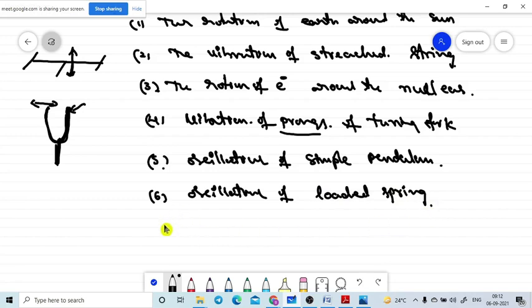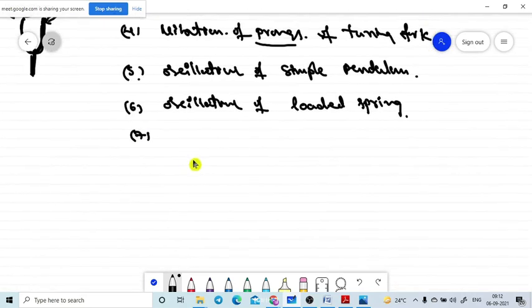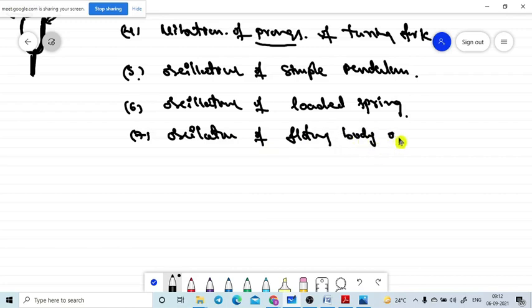Then the oscillations of a floating body on water. Any of these you take are examples.